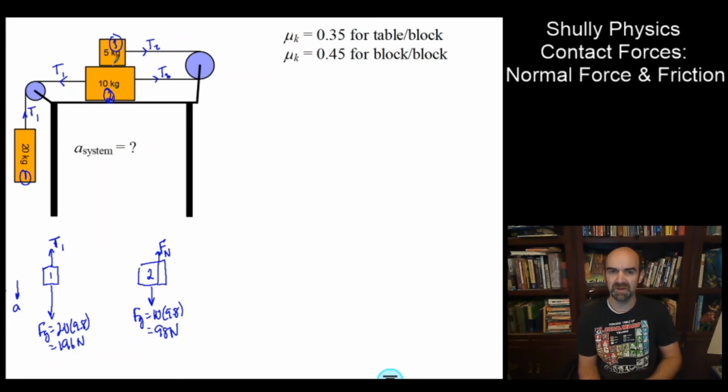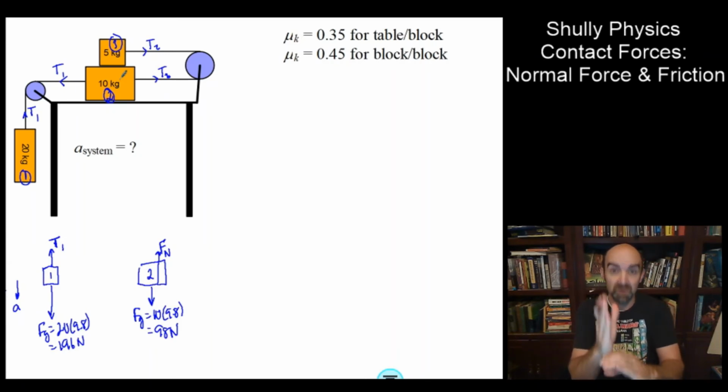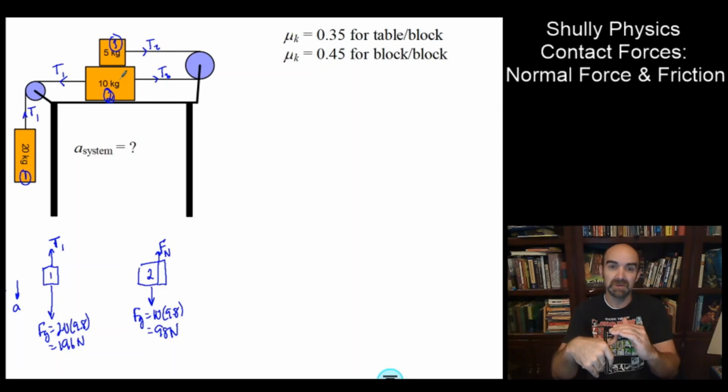It's going to put a force down. What kind of force is it? It's a force from a solid surface. And what will the 10 kilogram block be doing to the 5? Do you see how that 10 is acting kind of like a table surface to the 5? So that 10 kilogram block is pushing up on the 5 kilogram block with normal force. And the 5 is pushing back down on the 10 kilogram block also with normal force.